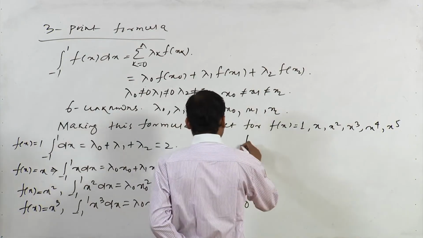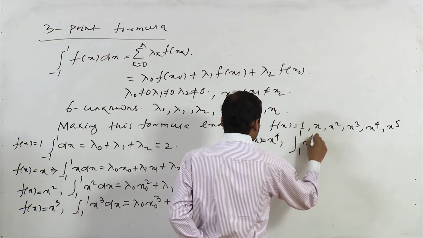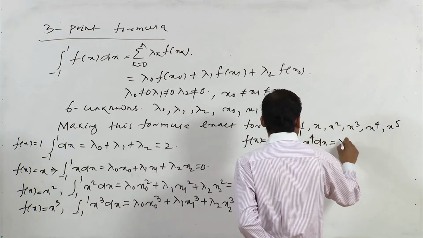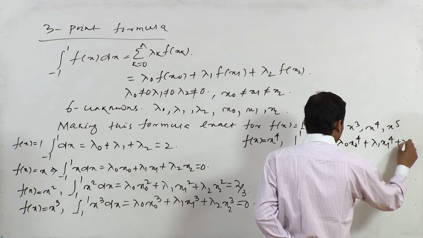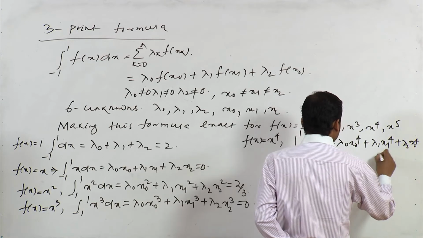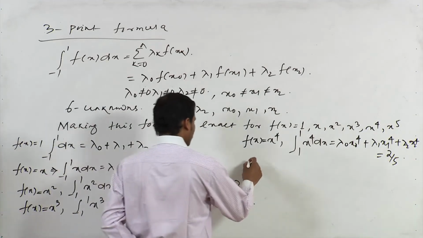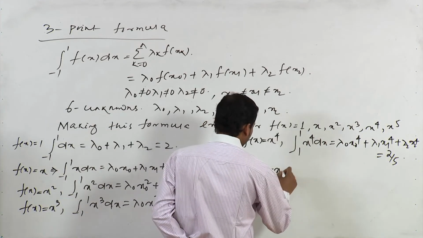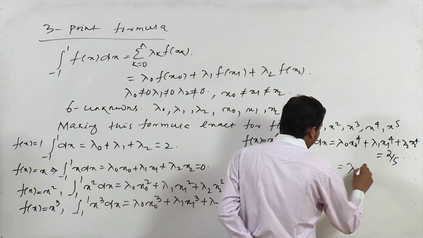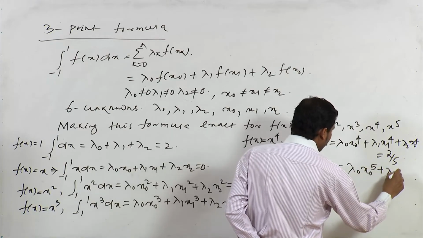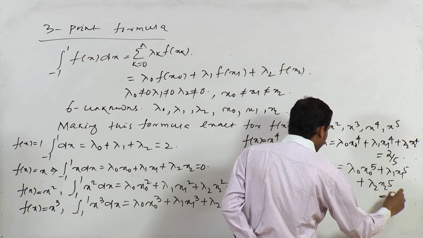And if you consider f of x equals x to the power 4 here, then the integral from -1 to 1 of x to the power 4 dx equals lambda 0 x 0 to the power 4 plus lambda 1 x 1 to the power 4 plus lambda 2 x 2 to the power 4, this equals 2 by 5 here. For f of x equals x to the power 5, if you consider the integral from -1 to 1 of x to the power 5 dx, this can be written as lambda 0 x 0 to the power 5 plus lambda 1 x 1 to the power 5 plus lambda 2 x 2 to the power 5, this equals 0 also here.